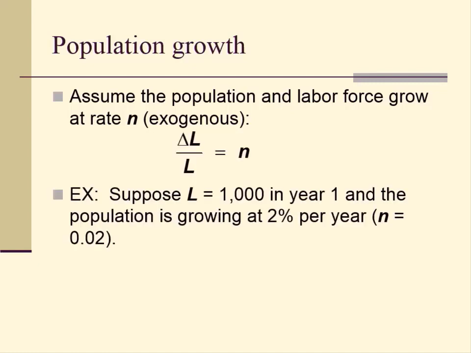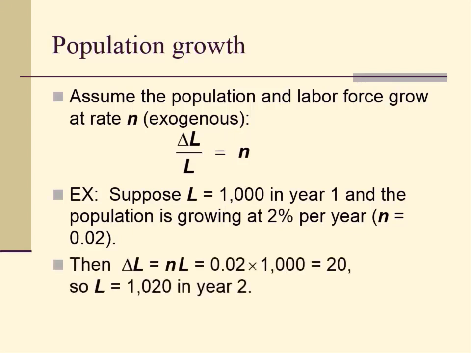For example, suppose L equals 1000 in year 1, and the population is growing at 2% per year, that is, n equals 0.02. Then the change in labor equals n times L, the population growth rate times the initial population, which is 0.02 times 1000, equal to 20. So L increases by 20, and L equals 1020 in year 2, versus 1000 in year 1.